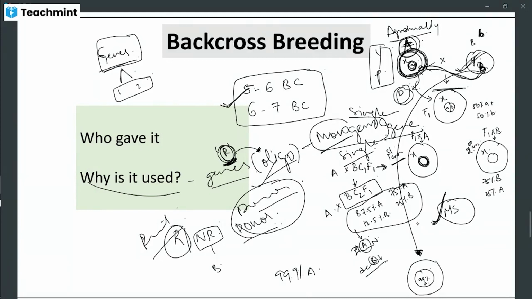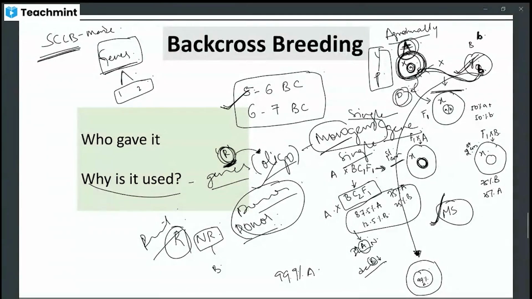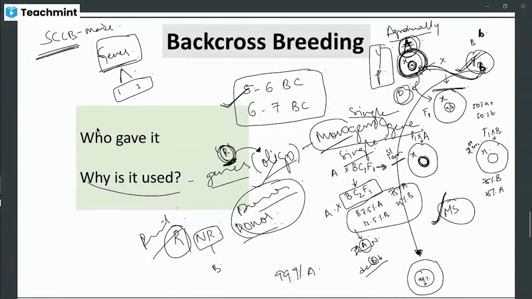For example, there is a gene which gives resistance to a particular disease, southern corn leaf blight in maize, as someone told. So which organism causes southern corn leaf blight? Anyone? I think it is Helminthosporium maydis, is it?